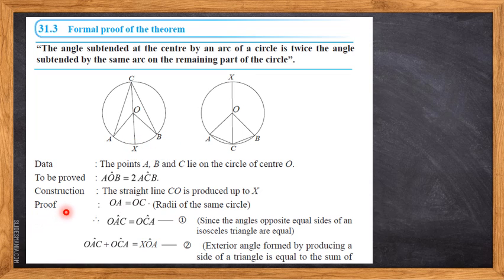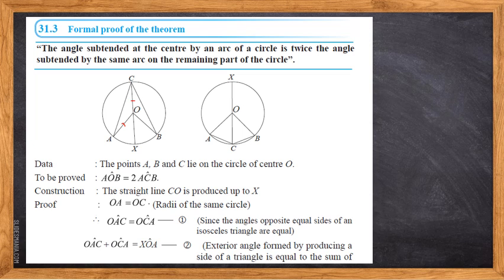Then let's see how to do this. Then what we are going to do is we are going to use radii of the same circle. That is what we used so far. We are using radii of the same circle, right? Okay. Then, if you look at this, here OA is a radius. OC is also a radius of the same circle.